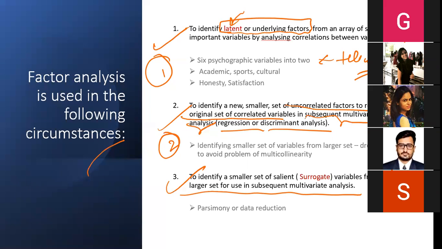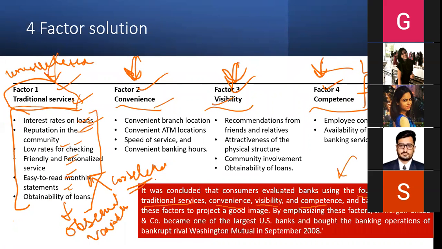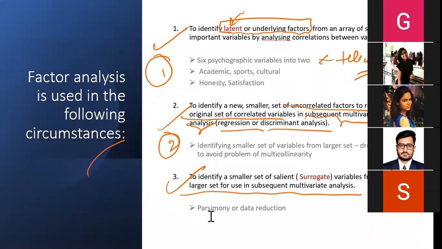For factor 1, you check certain tables and see that the factor loading is very high for, for example, easy to read monthly statements, and very low for the other variables. So you can take this variable as a surrogate for factor 1. You can remove all the other variables and just take this one. That's called a surrogate variable. I'll show you this in the Nike case study. So these are the three circumstances where we can use factor analysis.